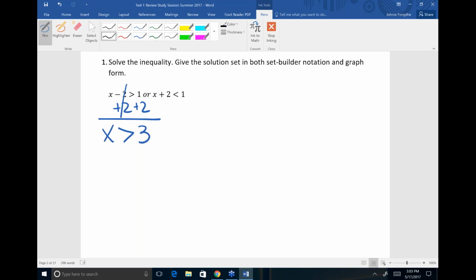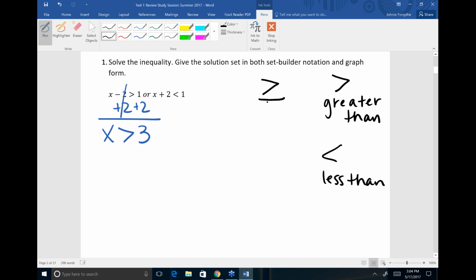Just as a review on the side, remember this symbol means greater than. This is less than. And if we have a greater than or equal to, this line here tells us that it's greater than or equal to.